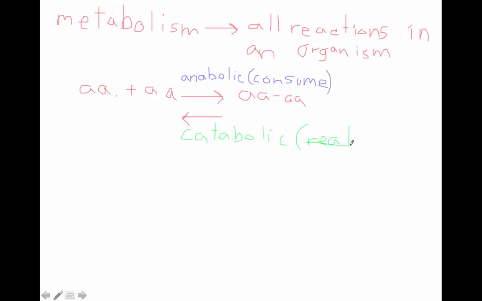I guess I could try to spell this correctly. Releases. And my shorthand for energy when I'm taking notes and need to write quickly is a big E with a lightning bolt. So if you ever see me write that, I mean energy. And same thing here, I forgot to write it, but it is consuming energy for that anabolic reaction.